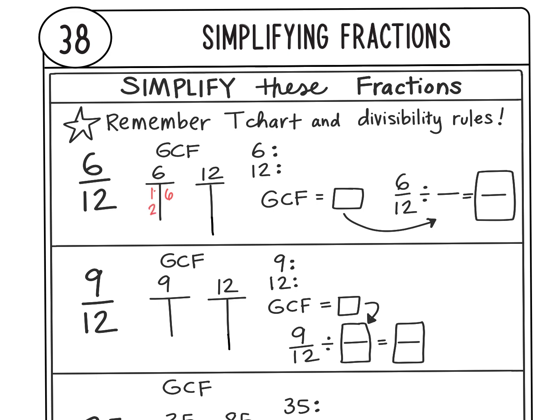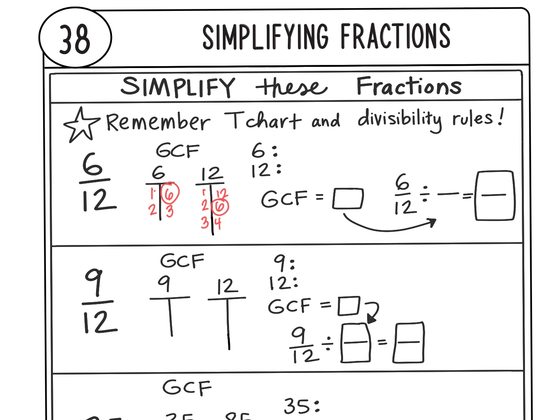And then I also have 2 and 3. And then I come over here for 12, I have 1 and 12, 2 and 6, 3 and 4. Now, which factor is the greatest common factor? 6 is the largest that they both share.